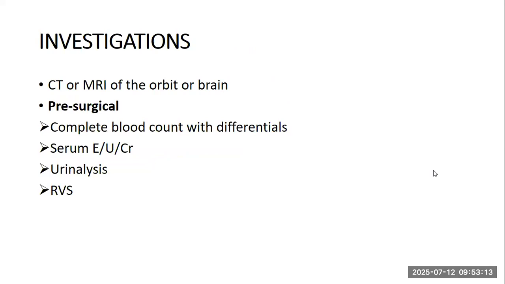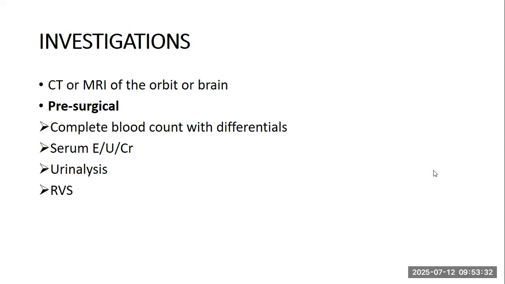Now, for the investigations, we would want to do a CT or an MRI of the orbit and brain, especially if it's a sudden onset strabismus. We want to do a CT or an MRI to give an idea of a lesion in the orbit or in the brain.